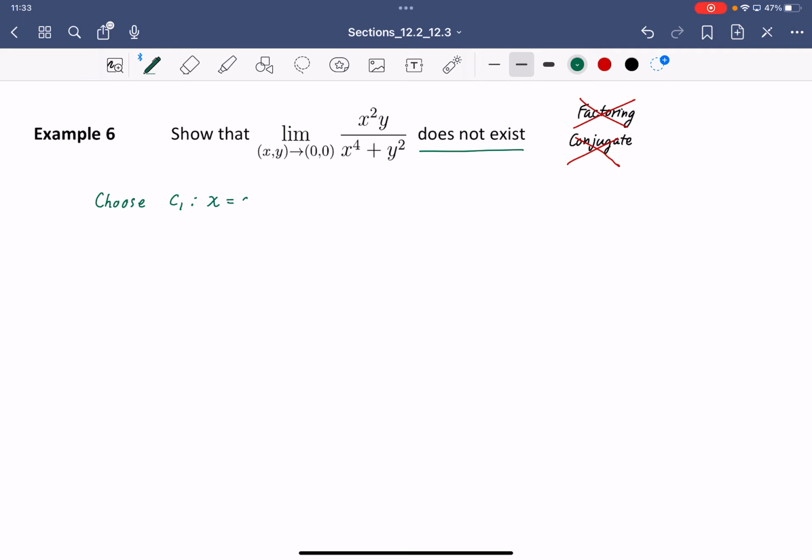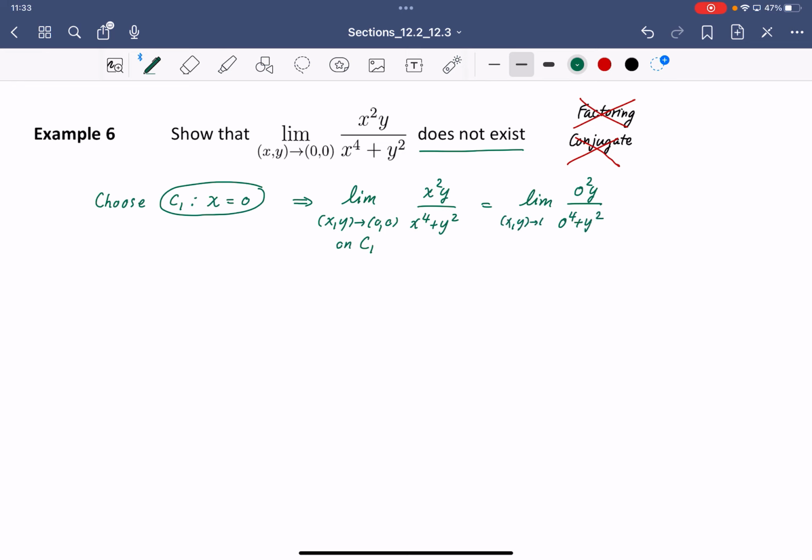Okay, let's start from the simple one, x equal to 0. Once you pick x equal to 0, then the limit as (x, y) goes to (0, 0) on C1, you plug in 0. You're lucky enough that this is not 0 over 0 anymore.